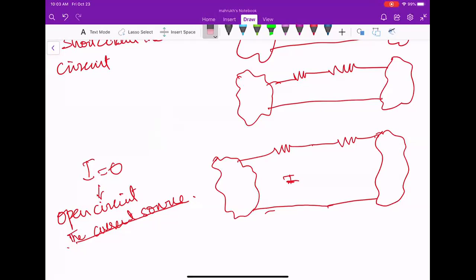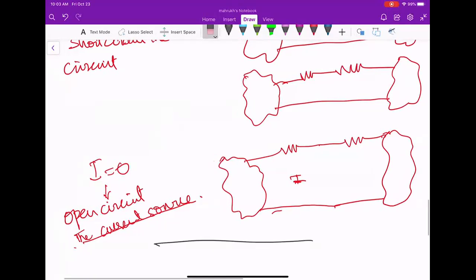So how will they help us in the principle of superposition? Let's see. I am trying to solve a circuit, and then we will see.